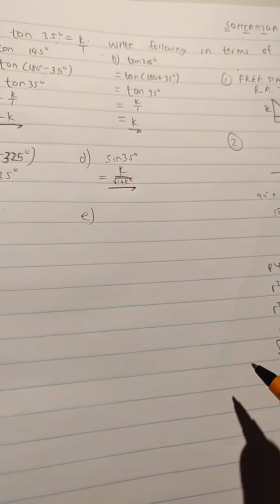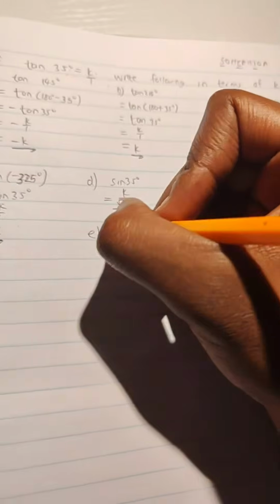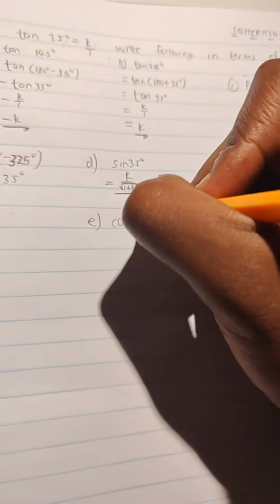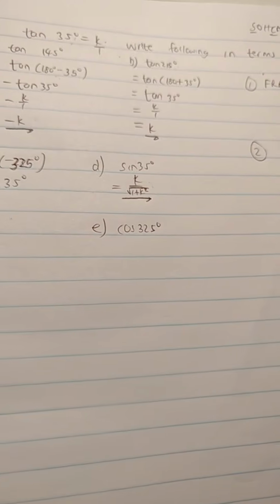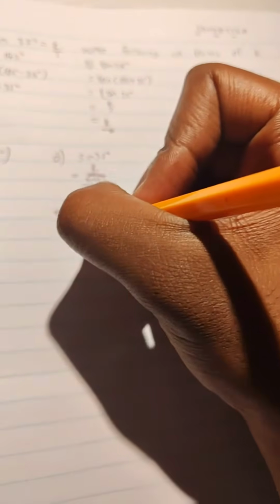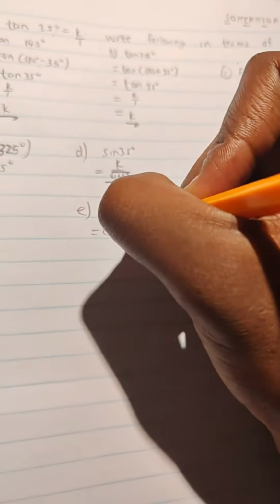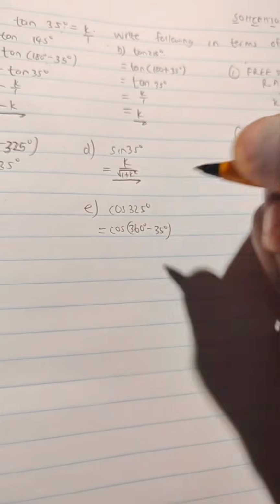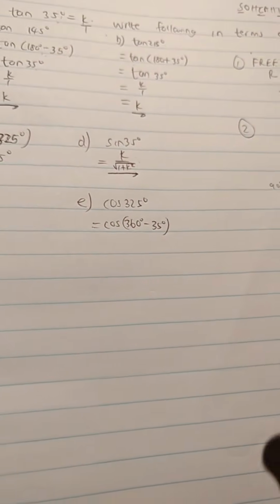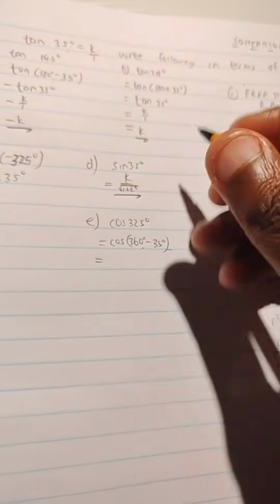E, cos of 325. Let's reduce this. Cos of 360 minus 35. Then 360 minus is in the fourth quadrant.